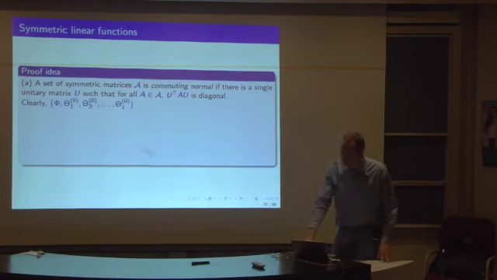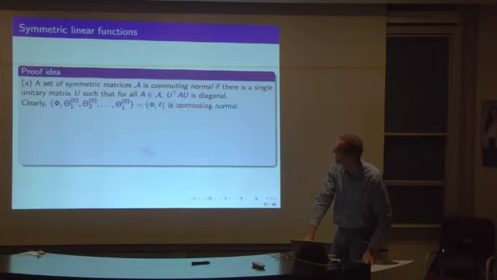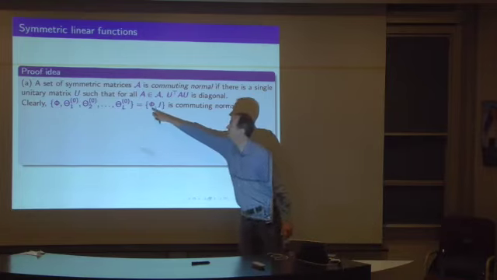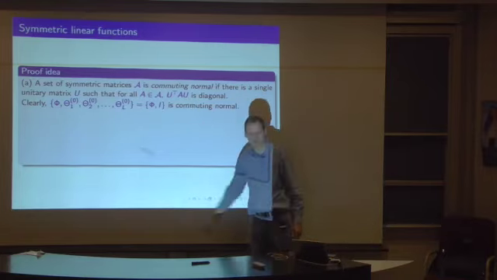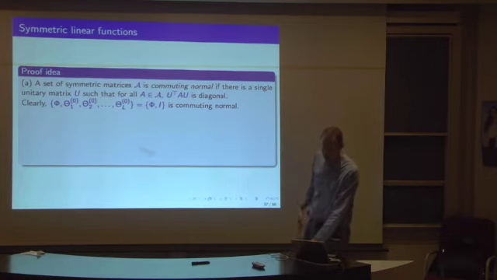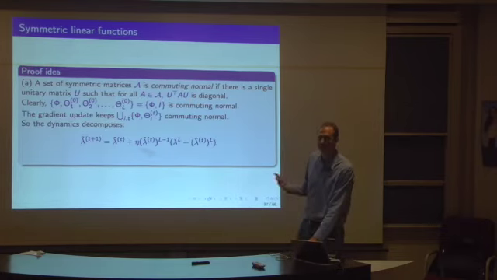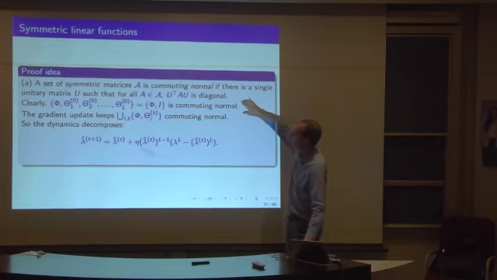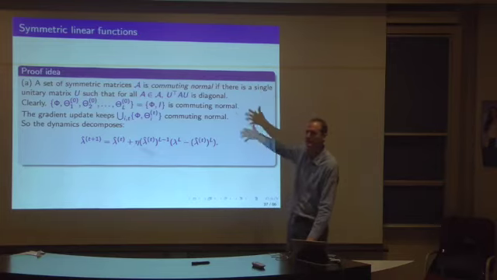And we start out with such a set, because we've got a single symmetric matrix phi, and all of these initial matrices are the identity. So that's clearly commuting normal, because we just need to do a spectral decomposition of phi, and that works for the identity for sure. And then the gradient updates don't mess with that.